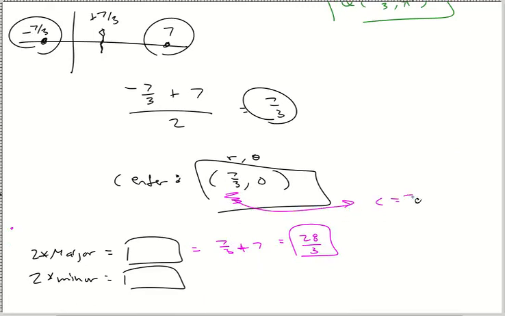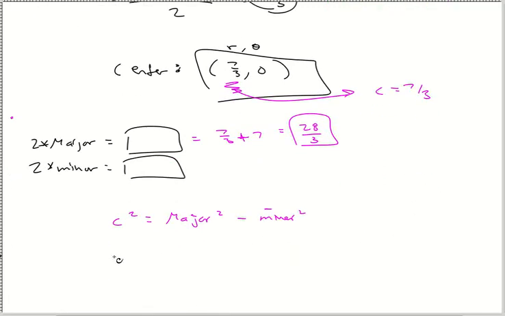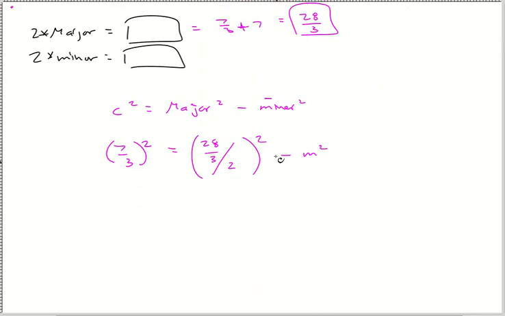So c is equal to 7/3, just telling you ahead of time. So 7/3 squared is equal to 28/3. Actually, 28/3 is kind of interesting because this is 2 times major. Watch out. Got to divide it by 2 still. Square it, and then find your minor squared. So many technical things that could go wrong.